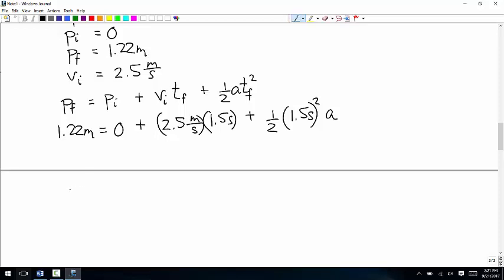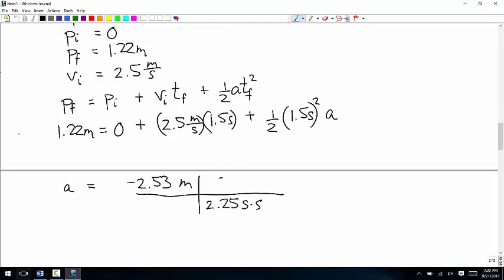Okay, so we have negative 2.53 meters, and then I'm dividing that by everything that's multiplied by A. So that's going to be 2.25 seconds squared here.